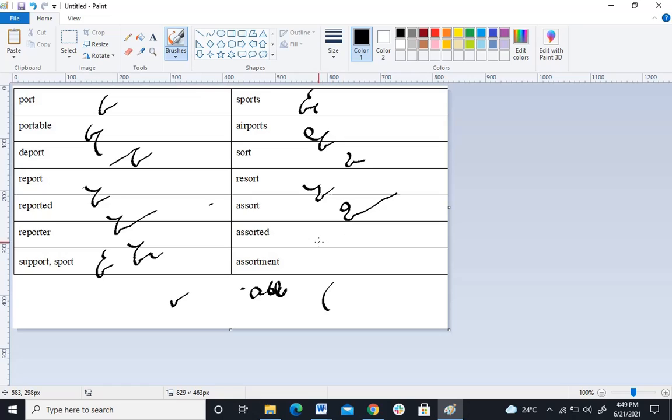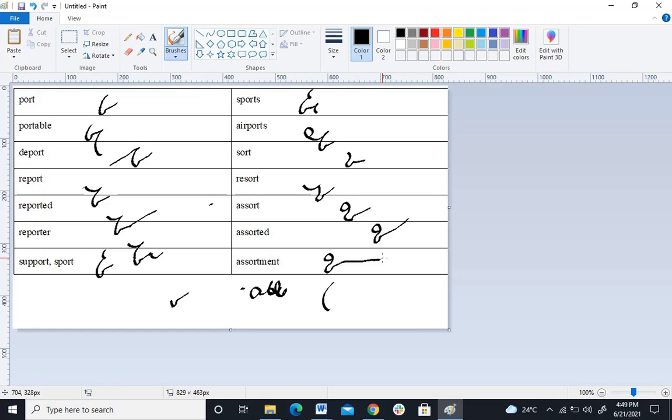Ulitin natin. So, we have A-S-O-T. Assort. Next is assorted. A-S-O-T. Assortment. A-S-O-T for assort. And then, ment. Okay, so those are our words for assort. Ort. The sound of ort. Okay, so now let's move on to our next stroke.